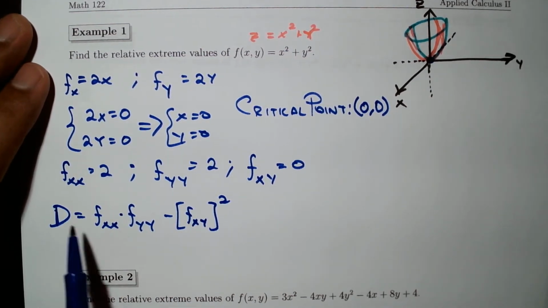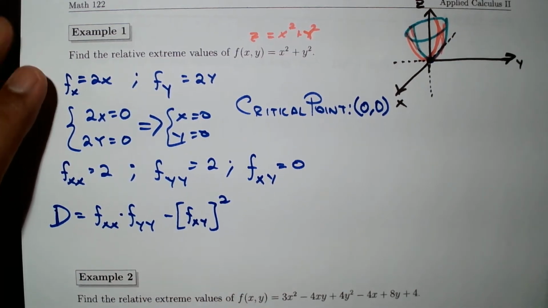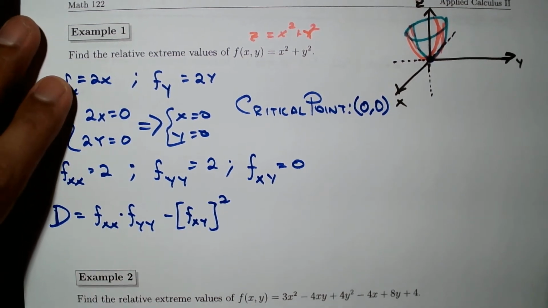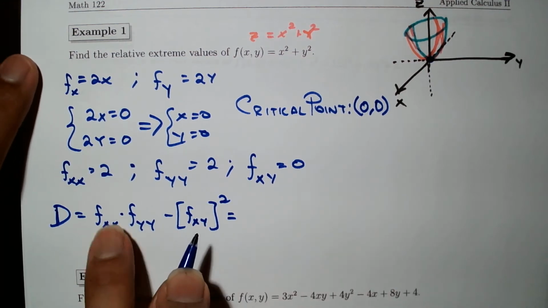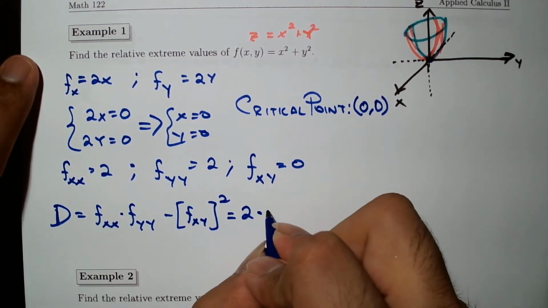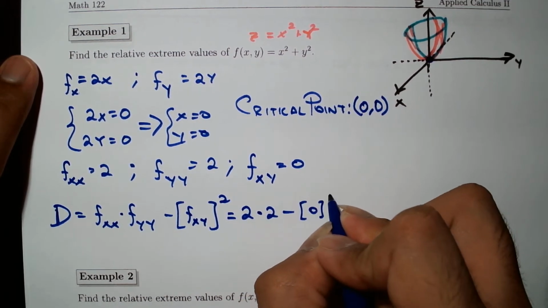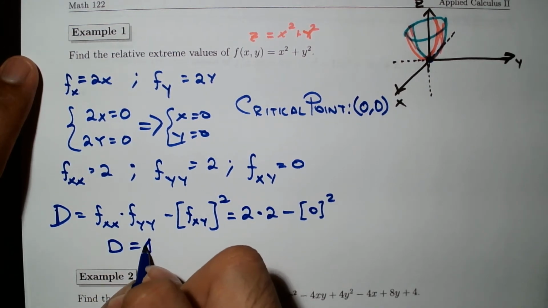The idea is just to know how to use this test. So what are we going to have? fxx, which is 2, times fyy, which is also 2, minus fxy, which is 0, quantity squared. That's going to give us D equals 4.